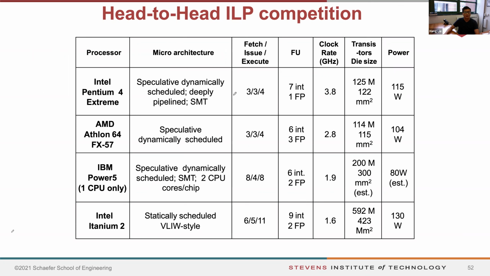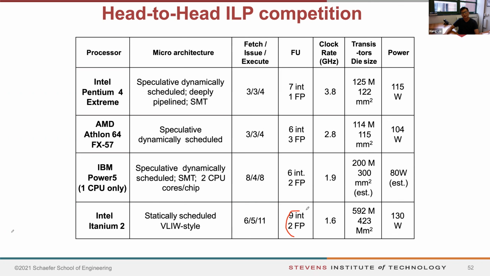So right now we have a couple of different designs: a speculative dynamically scheduled deeply pipelined SMT, a speculative dynamically scheduled superscalar, a speculative dynamically scheduled SMT, and 2 CPU cores per chip, statically scheduled ones. We see these are the configurations: fetch, issue, and execute are 3/3/4, 3/3/4, 8/4/8, and the function units 6, 5, 1, 1.